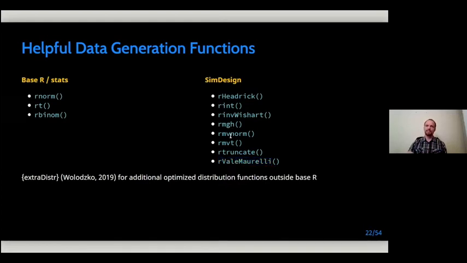It also imports the multivariate normal from the MASS package, I believe, and the multivariate T. You can also have a random integer if you want. So there are a lot of built-in functions to help you generate the data you need to model the phenomenon of interest.